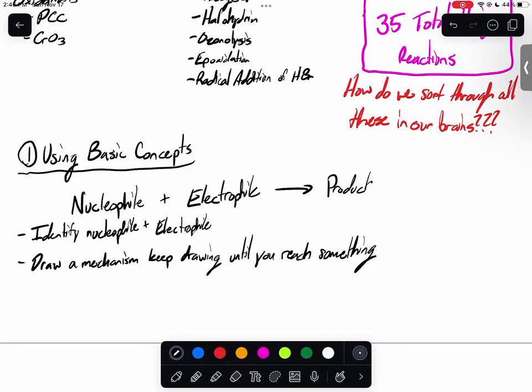And so whenever you think about using these basic concepts, the one important part is that you really need to understand the basic concepts well. If you don't understand the basic concepts, this is going to be nearly impossible for you to do. All right. But that being said, the real benefit of this technique is that it allows for understanding of mechanisms you've never seen.